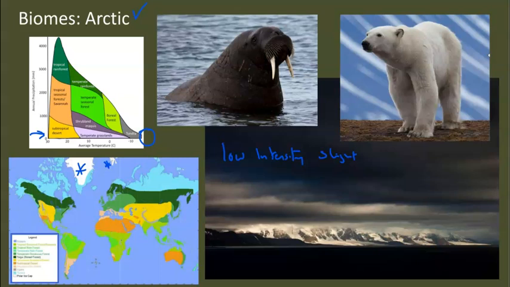These regions are characterized in their animal populations by large predators such as the polar bear, and here we have the walrus, and notably they are very dependent upon the food available from the oceans, which are a warmer, more dependable source of nutrition than the land masses, or indeed the ice masses.